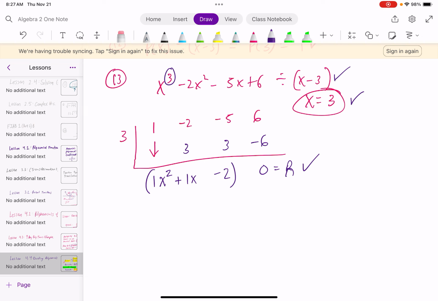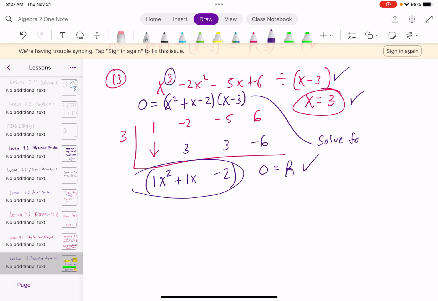I need to find the zeros here. Because this polynomial is equal to x squared plus x minus 2 times x minus 3, and we set that equal to 0 and solve for x. And how do we do that? We factor it.